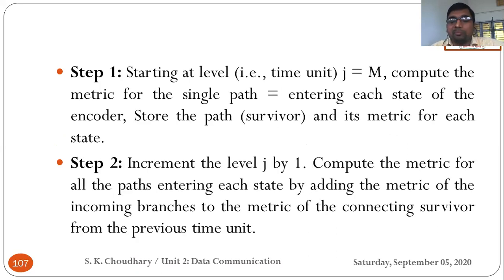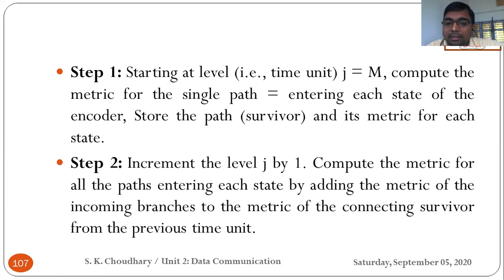There are 3 steps of maximum likelihood decoding. First, starting at a level, that is time unit J equal to M, compute the metric for the single path entering each state of the encoder. Store the path, or survivor path, and its metric for each state.